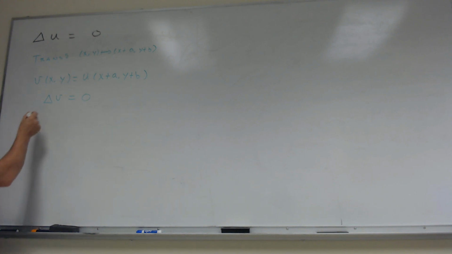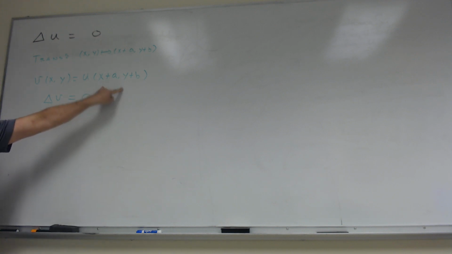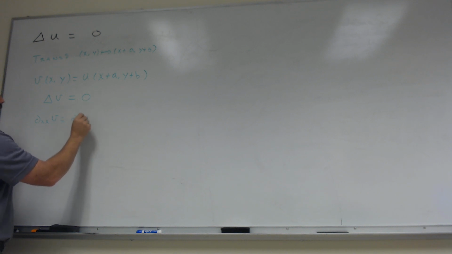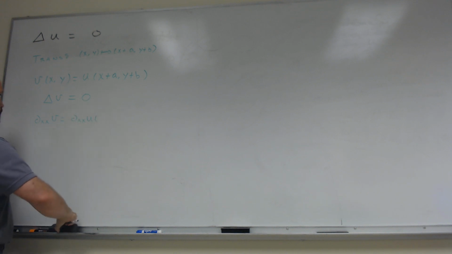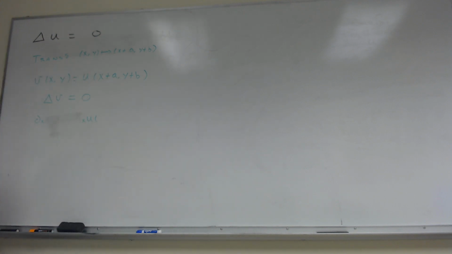So let me just compute what the Laplacian of v is. So if I look at the double x derivative of v, technically I'm going to have to do the chain rule here, right? It's going to be the double x derivative of u. Sorry, let's just go back to one derivative.